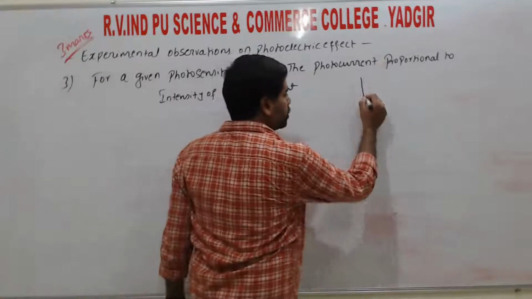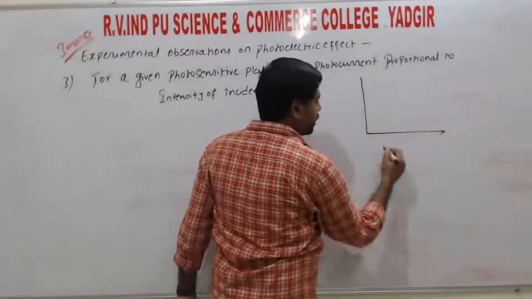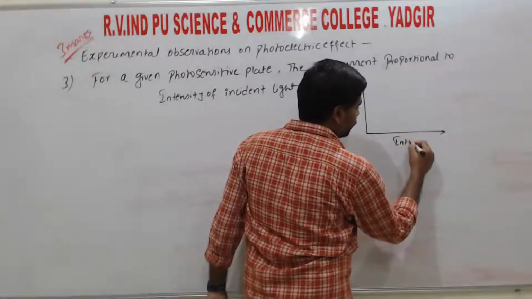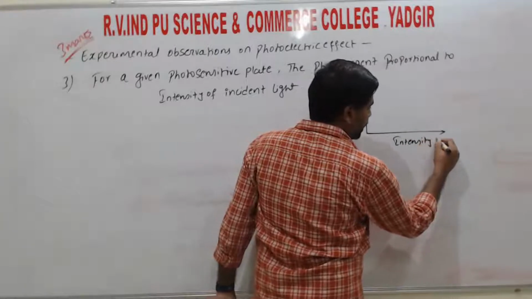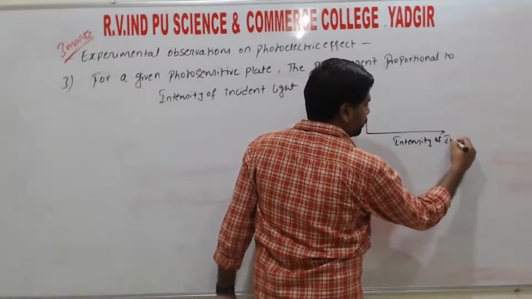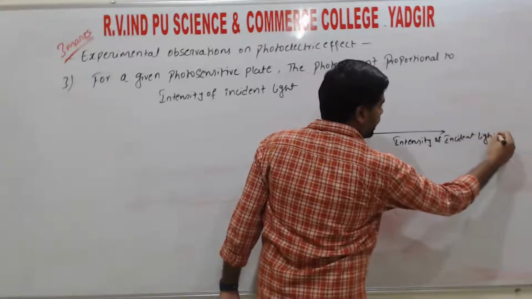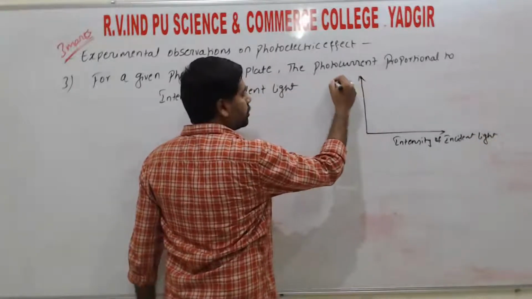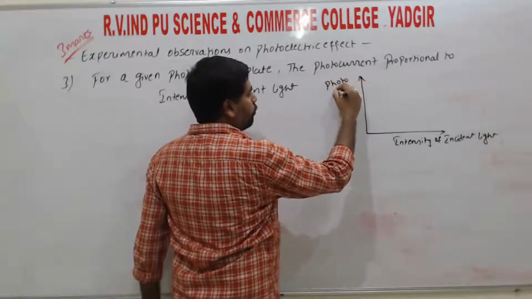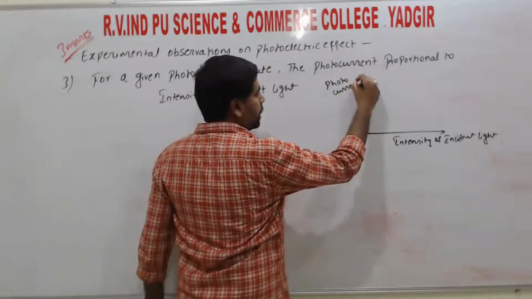For this, if we plot the graph, along the x-axis we take the intensity of incident light or radiation, and along the y-axis the photocurrent.